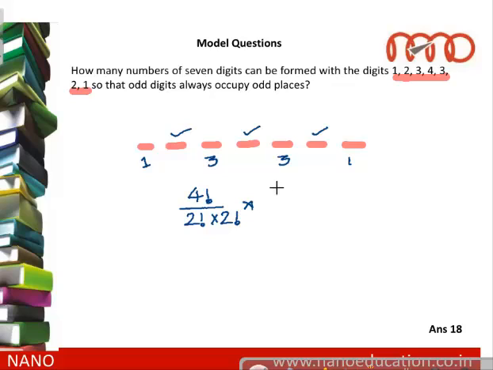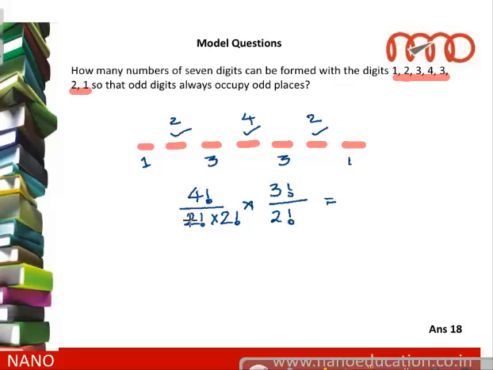And the even digits, which are 2, 4 and 2, can be permuted in 3 factorial ways. Among these, 2 2s are identical, so we divide by 2 factorial. So this would be our final answer.